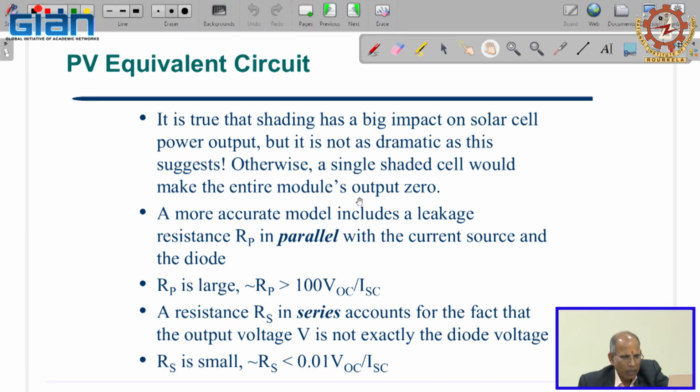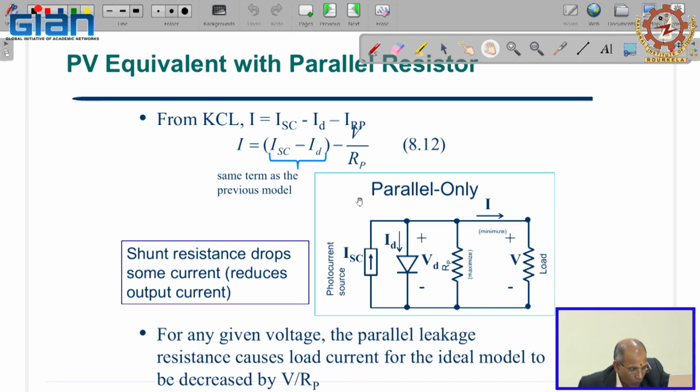So the cell is a diode in parallel with a large resistance RP, and then of course you add one series resistance. To analyze the circuit, let us go step by step.